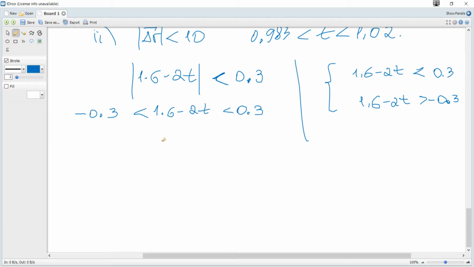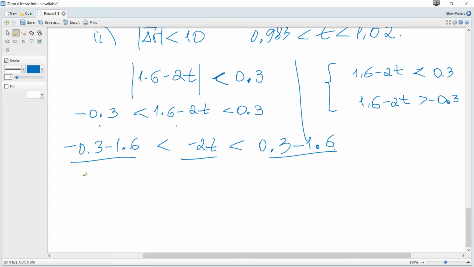So here we subtract 1.6 everywhere, and divide. It's negative 0.3 minus 1.6, negative 2t, 0.3 minus 1.6, and then divide by negative 2.